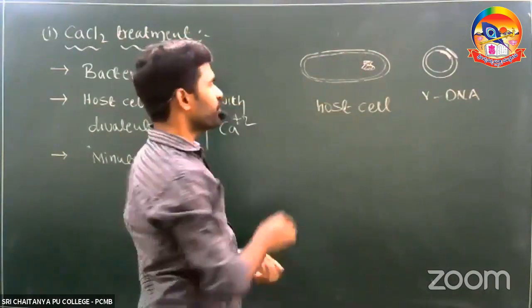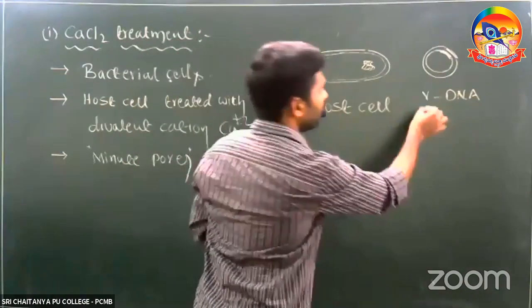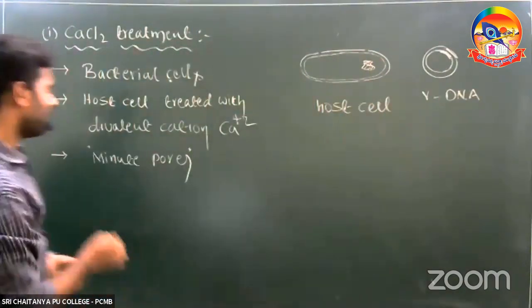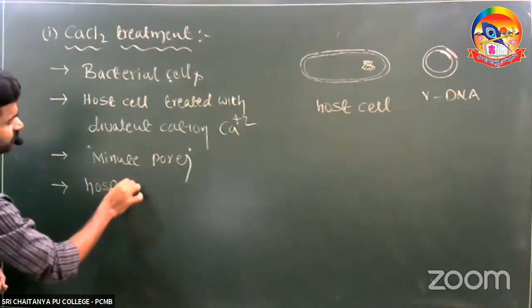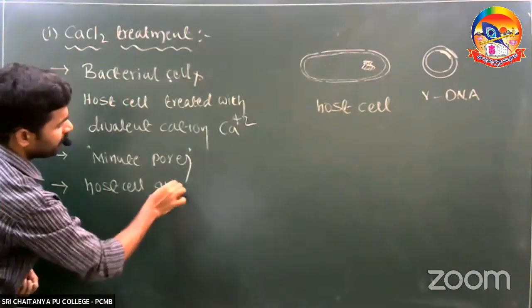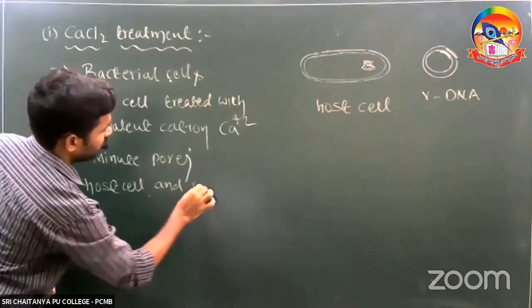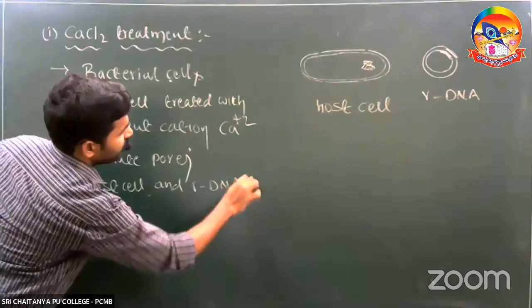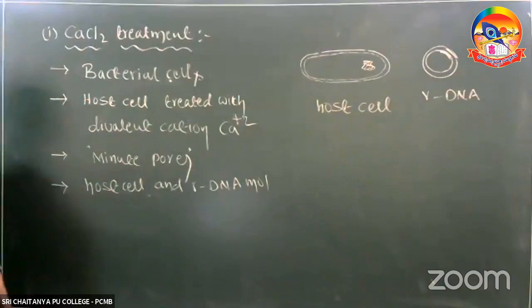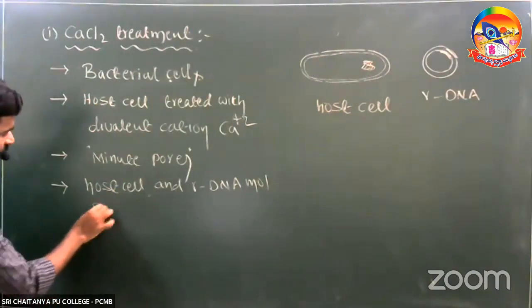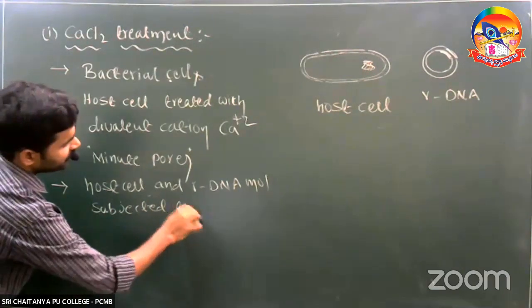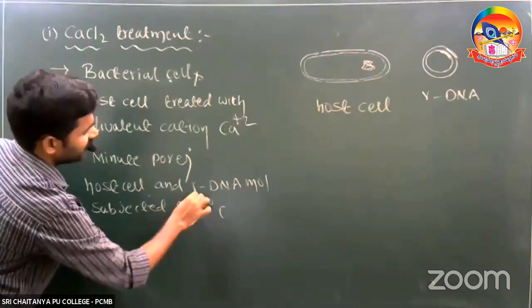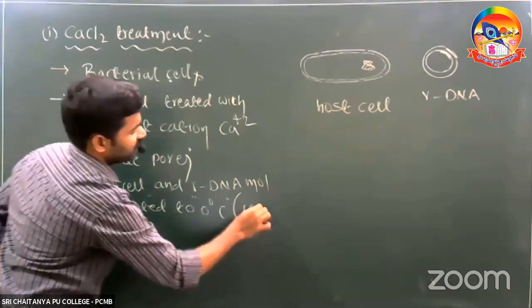After that, both the host cell and rDNA molecules are placed on ice conditions, subjected to 0 degrees centigrade. 0 degrees centigrade means ice conditions.